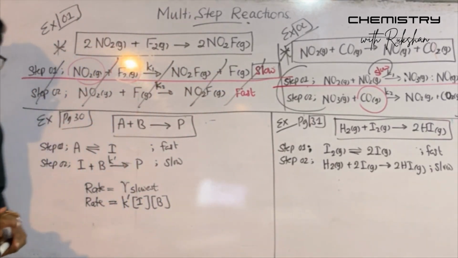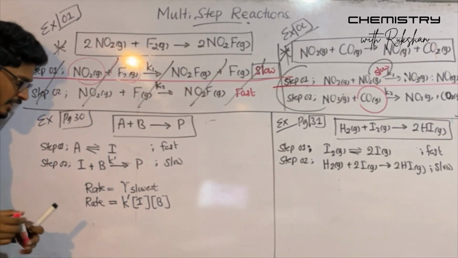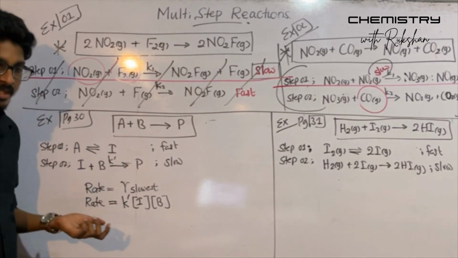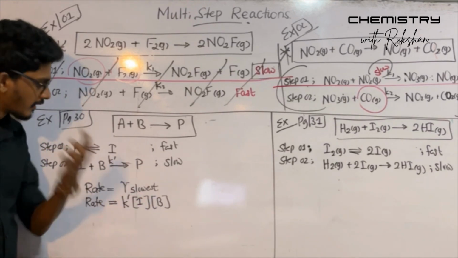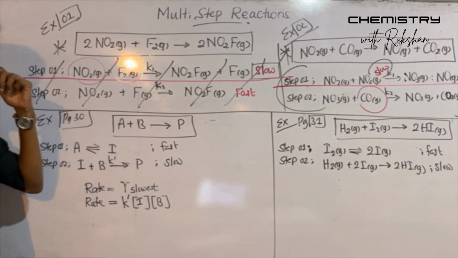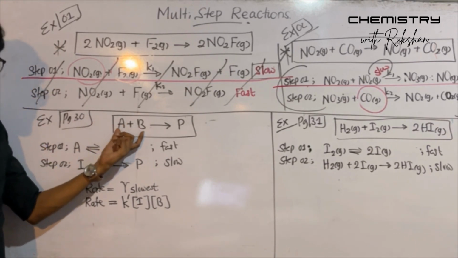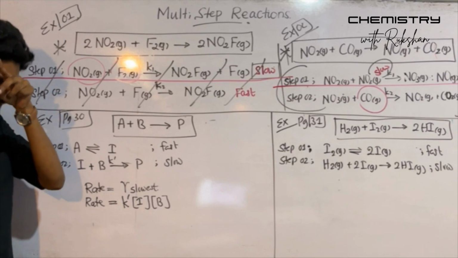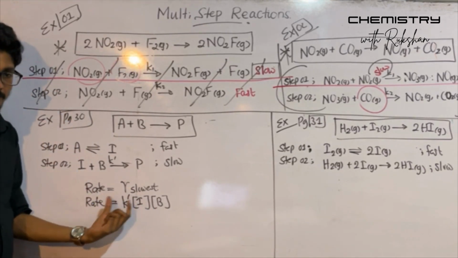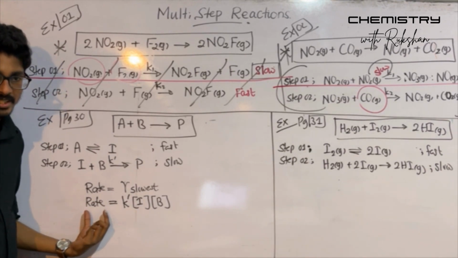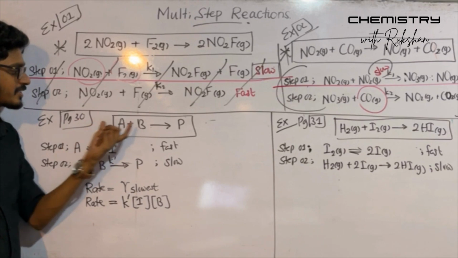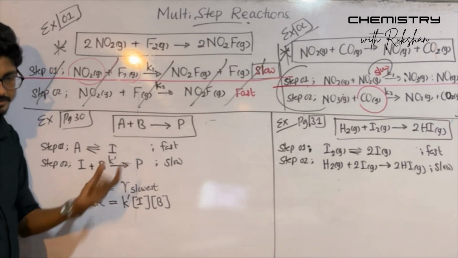Then we have to check whether all the things appearing here are reactants of the overall reaction. You check that, because for the overall reaction rate, only the reactants of the overall reaction should appear.